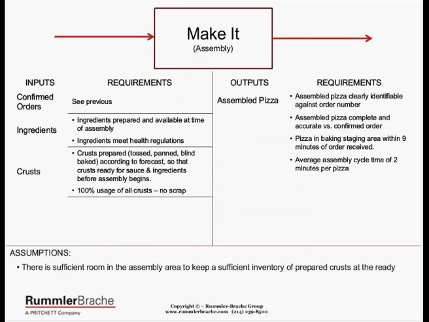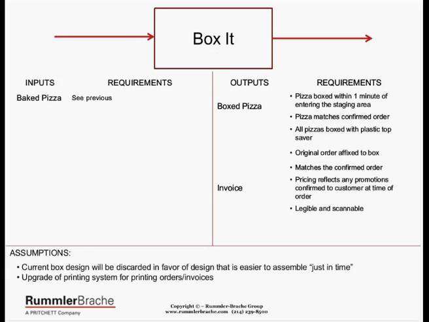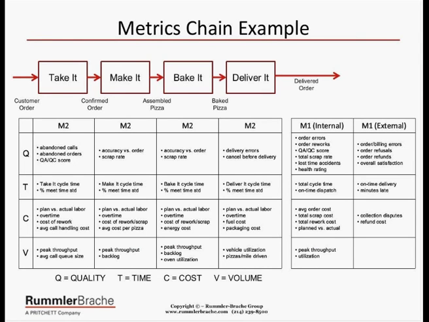What we'll do in the should is we'll do that for each individual sub-process. We will create a metrics chain, so we'll start with our external metrics, and then we'll develop metrics upstream that support those external metrics. Now, on this list, there's 30 or 40 potential metrics. What we do during the is focus.